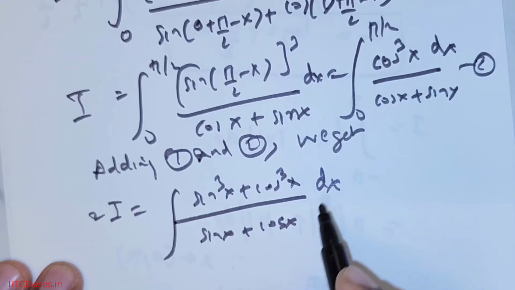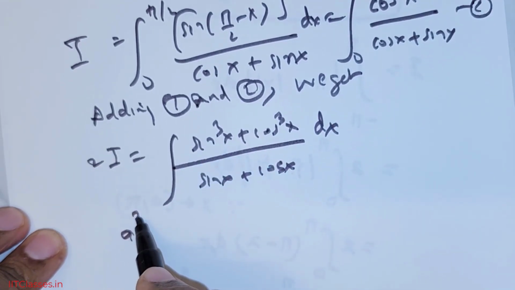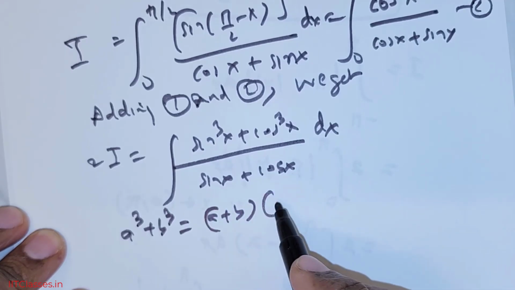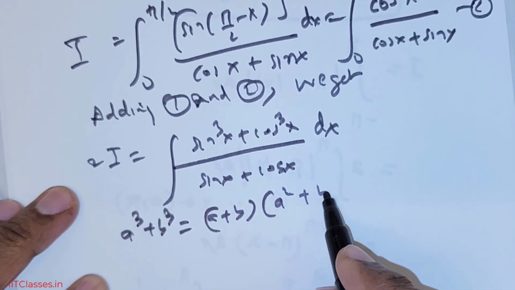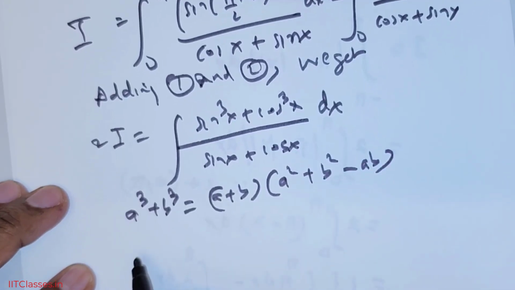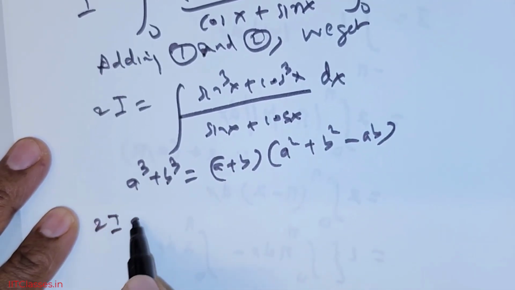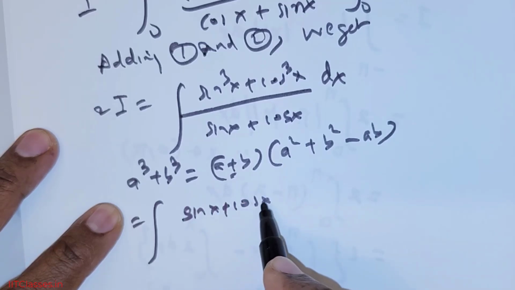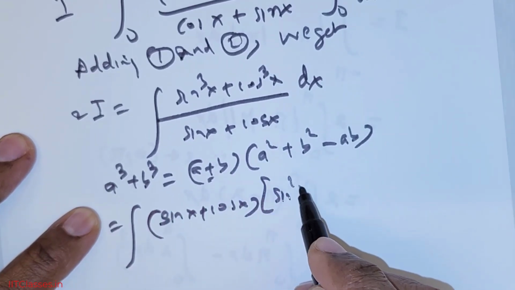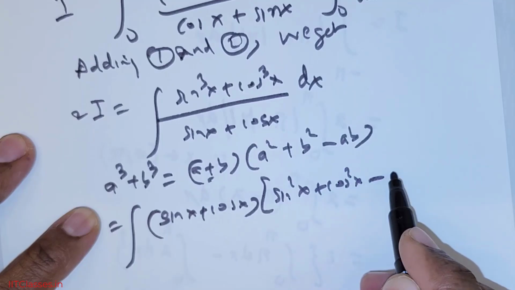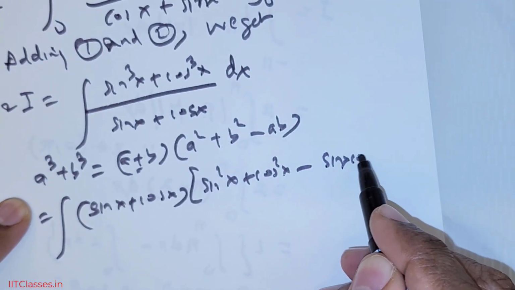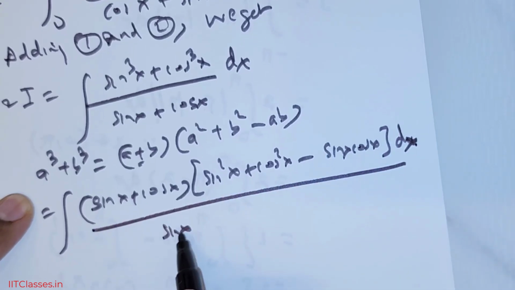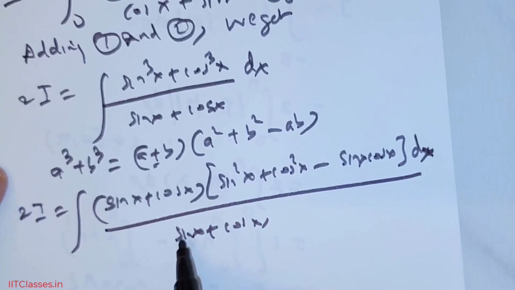cos x times dx. Now this is of the form a cubed plus b cubed, which is nothing but a plus b times a squared plus b squared minus ab. So you have 2 times I, applying this formula, I would get sin x plus cos x times sin squared x plus cos squared x minus sin x times cos x times dx divided by sin x plus cos x.